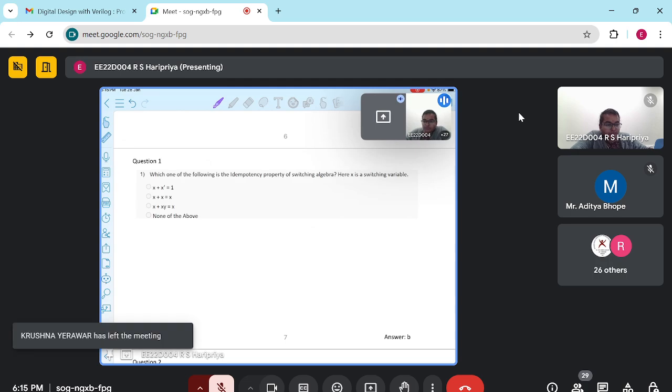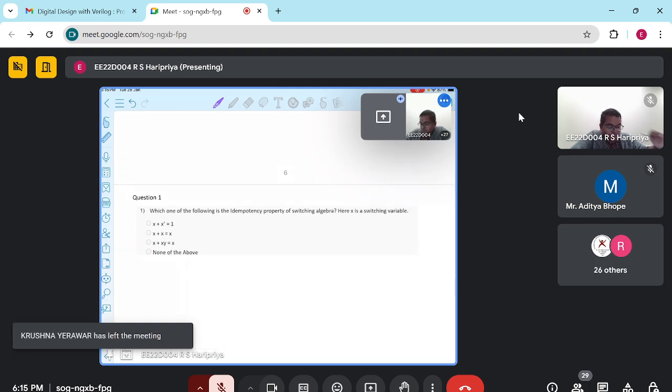Okay, so at this point let us solve some previous year assignment questions. Which one of the following is the idempotency property of switching algebra? Here x is the switching variable. So can you try this question?